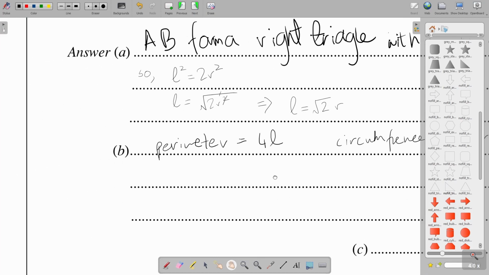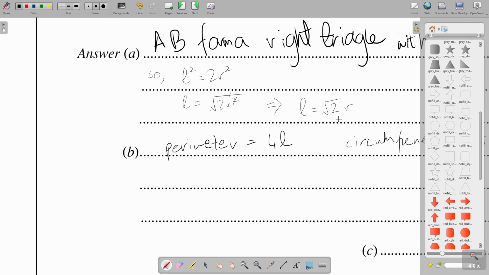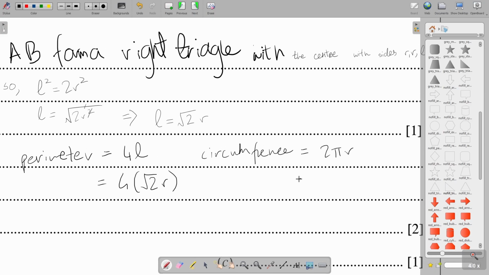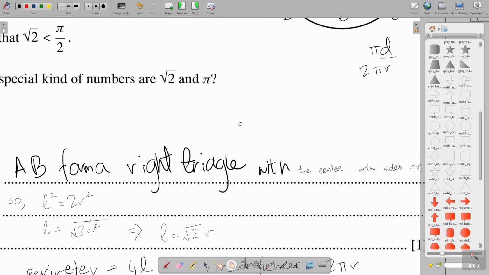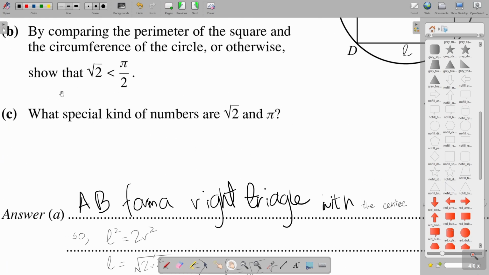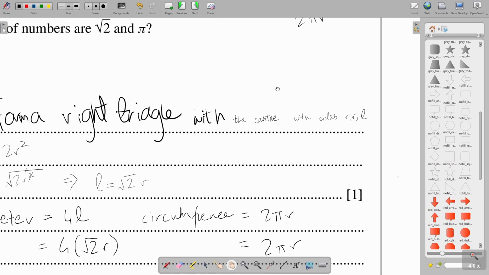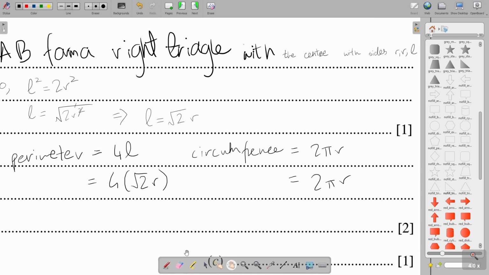We know that L is equal to this, so 4 square root of 2 r, right? And this remains 2 pi r, right? So we just need to show that the square root of 2 is less than pi over 2. Right.